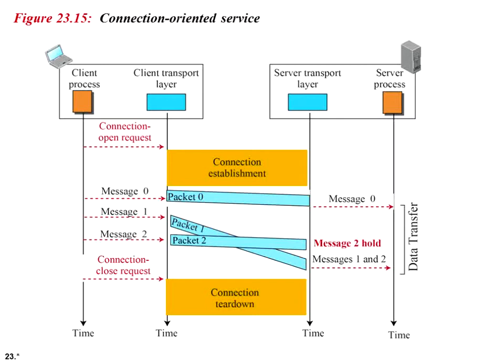Now the connection-oriented service at the transport layer is different from the same service at the network layer. In the network layer, connection-oriented service means coordination between the 2 end hosts and all the routers in between.